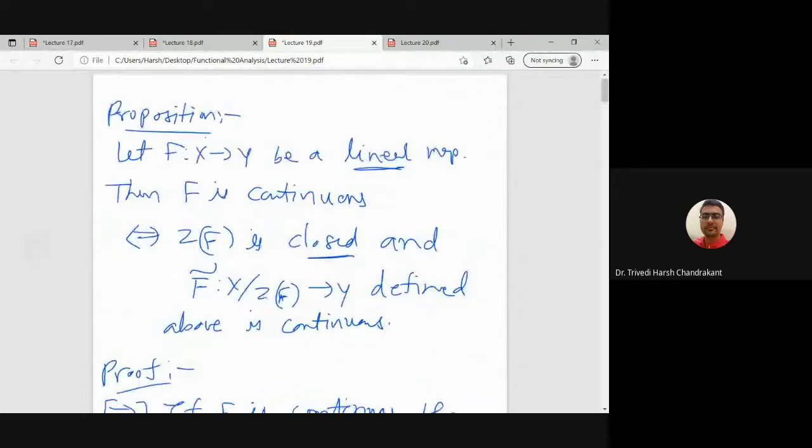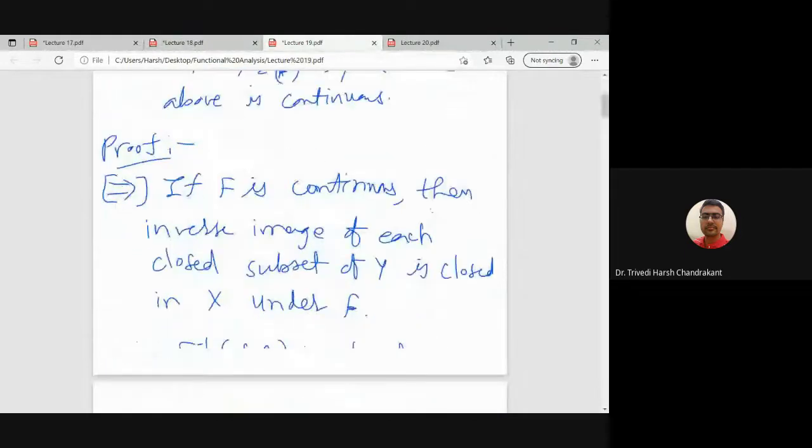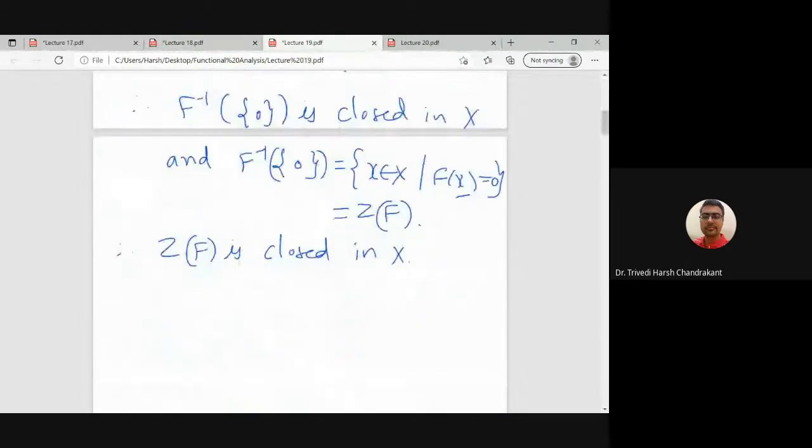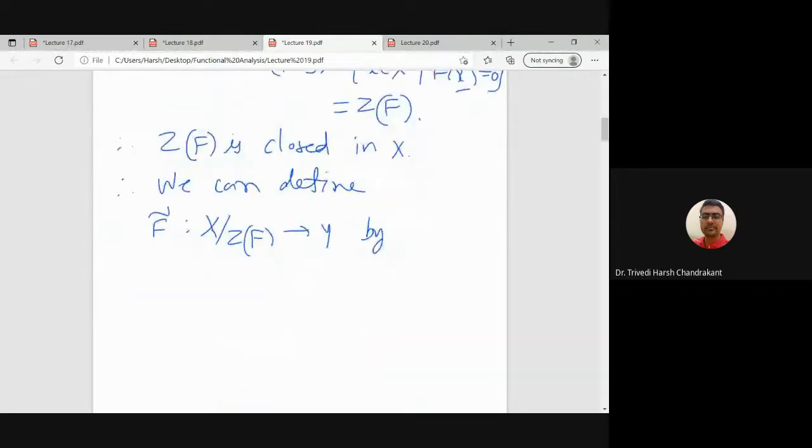So this part we have proved, and then we know that whenever the kernel is closed, we can define this map f tilde, right? Since it is closed, we can define the map f tilde from X quotient kernel of f to Y. The definition is that f tilde on any element x plus kernel of the quotient space is defined as f of x.